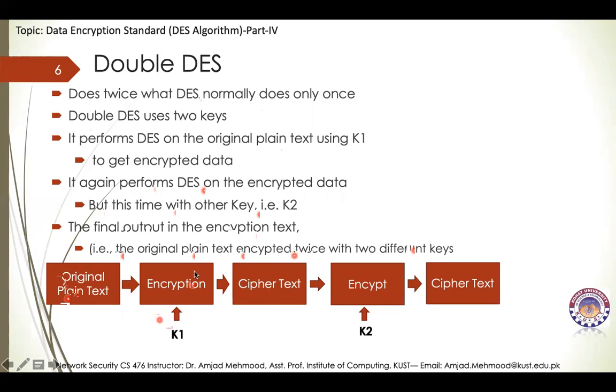And once DES is performed and after receiving the cipher text, DES is applied again on it with this key, K2, which is a separate key. So again this will be encrypted, and you will get the cipher text.